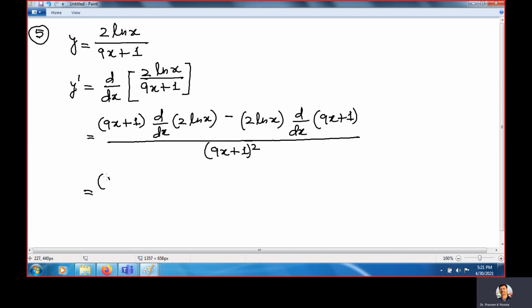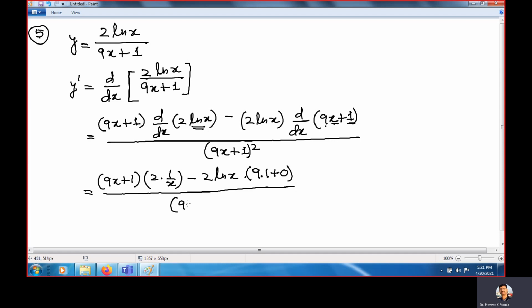It is equal to 9x plus 1, same to same, and the derivative of 2 ln x. 2, what is the derivative of ln x? It is 1 upon x, minus 2 ln x, same to same, and what is the derivative of this one? 9 into x, it is 9. The derivative of x is 1 plus derivative of 1 is 0, upon 9x plus 1 whole square.